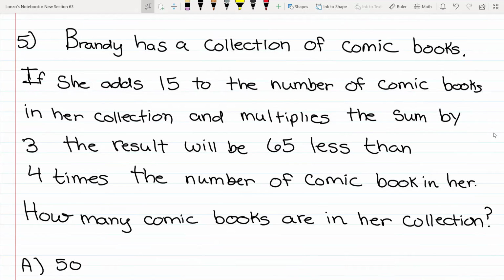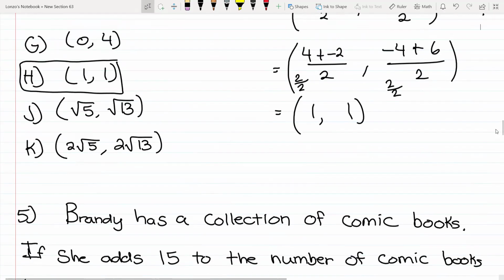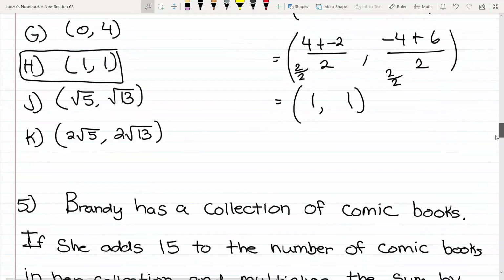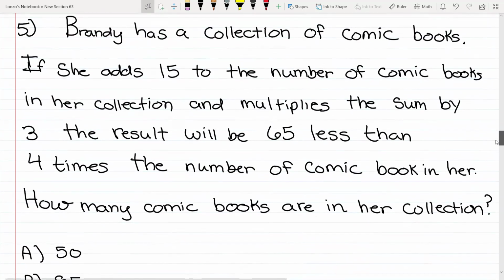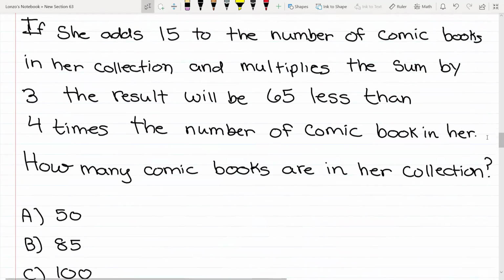We're going to create one equation and solve for C. Just like with a system of equations, we first label our variables. We are dealing with comic books and nothing else, right? So maybe we could say C for comic books.